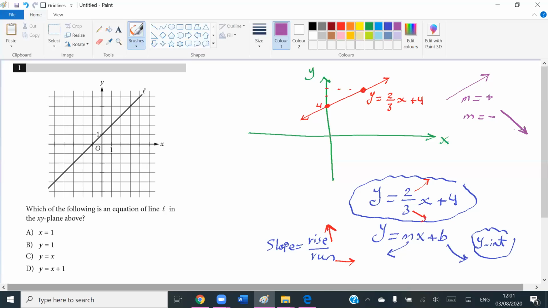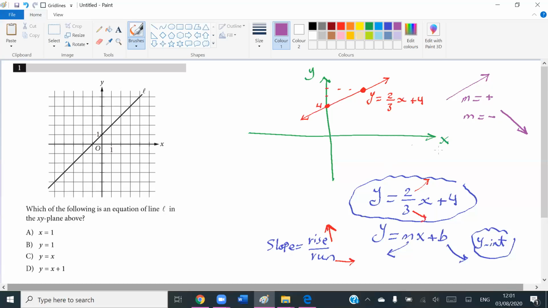So according to the sign of the slope m, the line will be increasing if m is positive, or decreasing if m is negative.